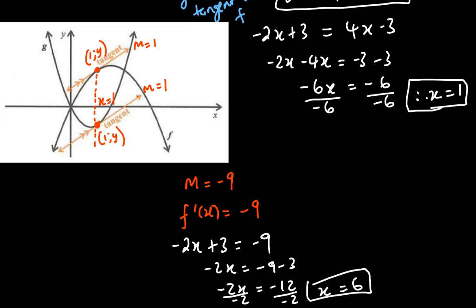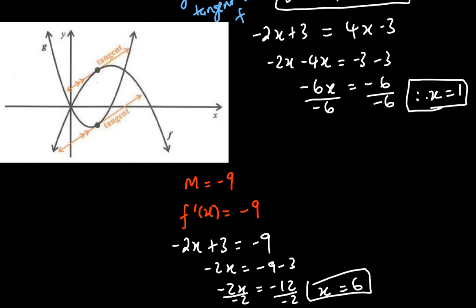So at x equals 6, you can check. It means 6 would be somewhere here, maybe, on f. Let's remove everything else so that this does not confuse us.